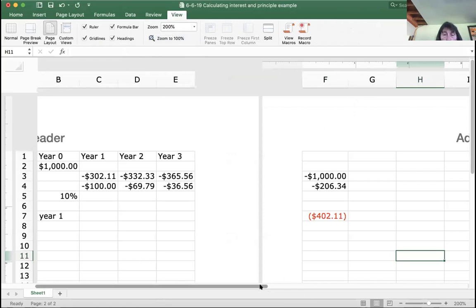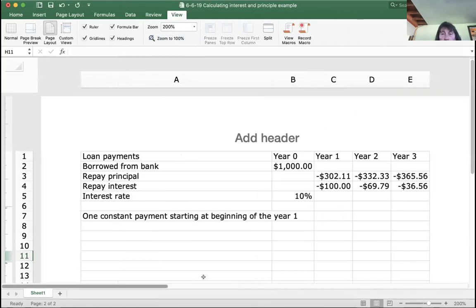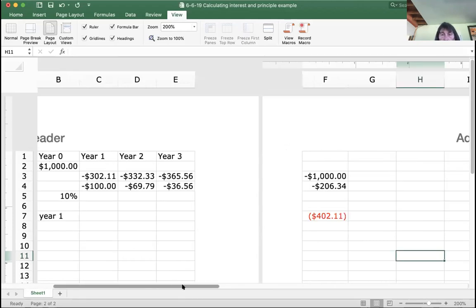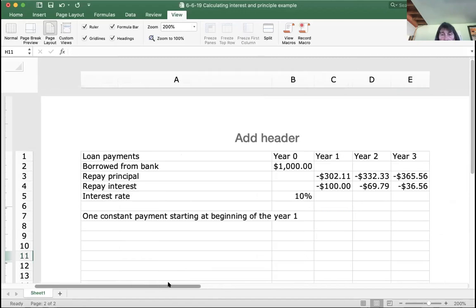Okay, so when you're actually trying to come out with these principals and interests, how do you actually do this? So let's say you want to enter here your loan payments. How many loan payments do you want to make? You want to make 3. 1, 2, 3, and that's all, right?